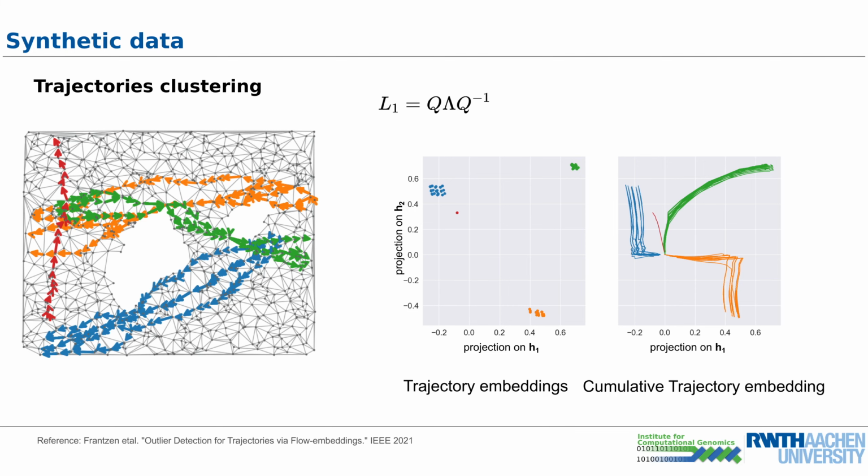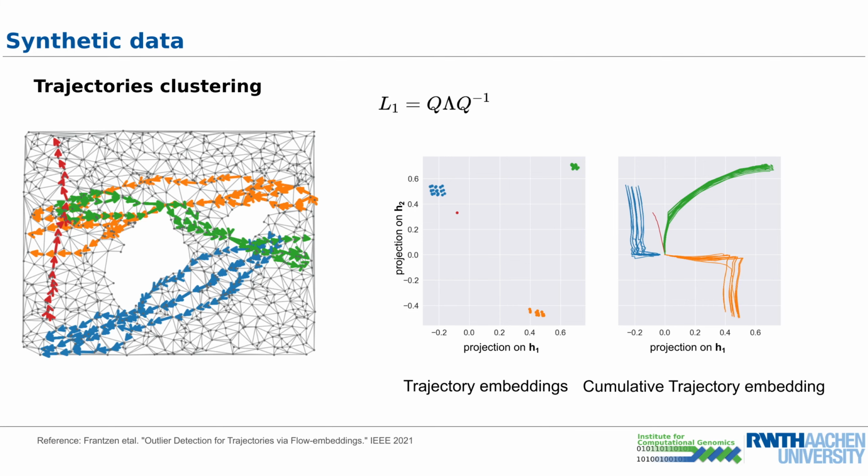So we can perform trajectory clustering in harmonic space for these trajectories. Also, we can use cumulative trajectory embedding to capture the dynamics of each trajectory. This is a really simple data set.